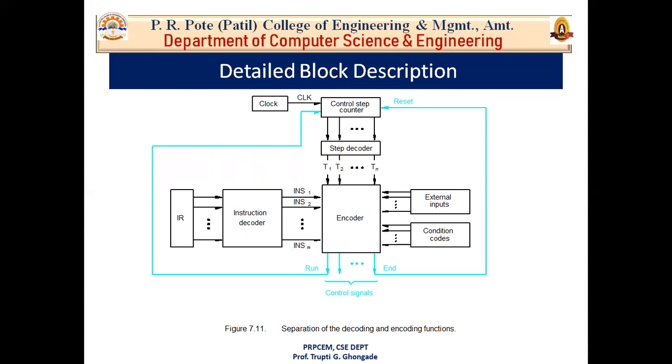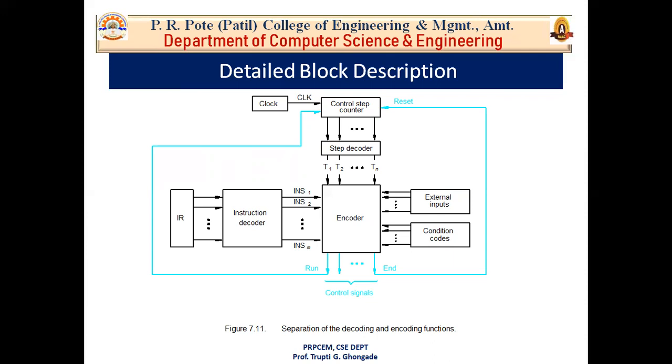For that instruction, the IR generates some output lines, instruction 1, instruction 2 up to instruction M, which are given as input to the encoder. All these instruction lines are set to 1 and all other lines are set to 0. For the instruction which is loaded in the IR only, the line for that particular instruction is set to 1 and all other lines are set to 0.